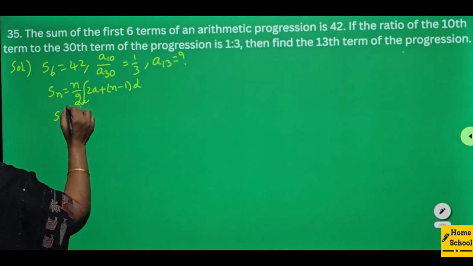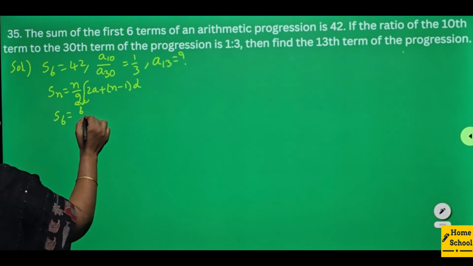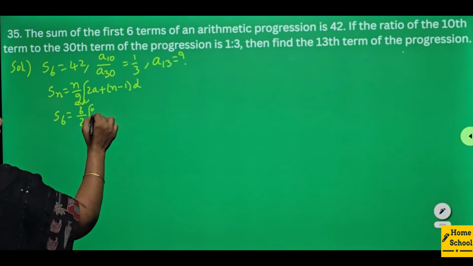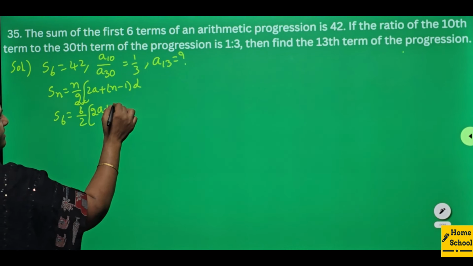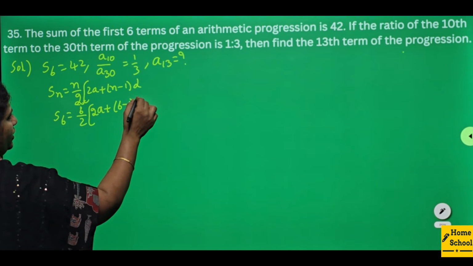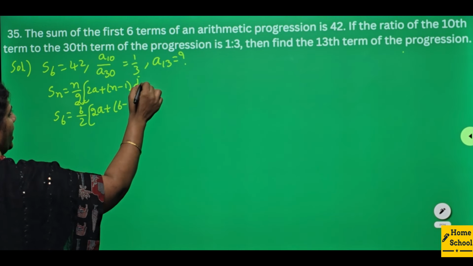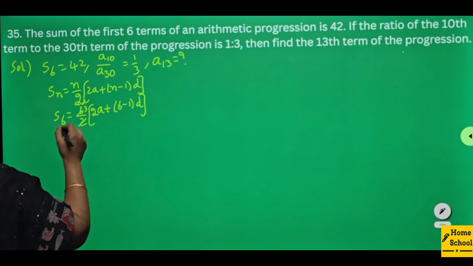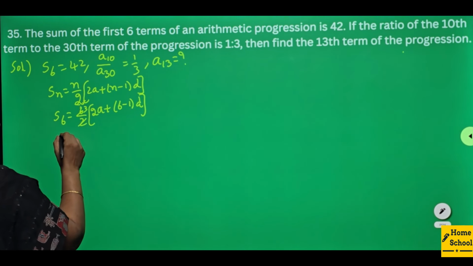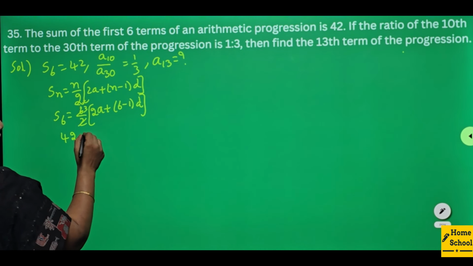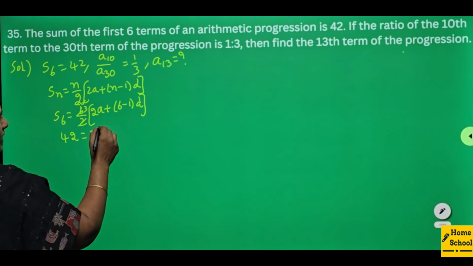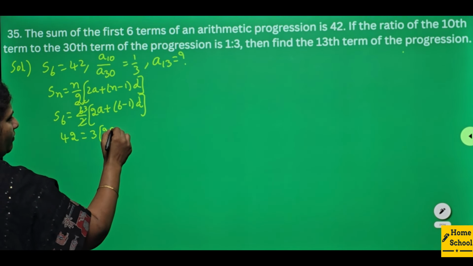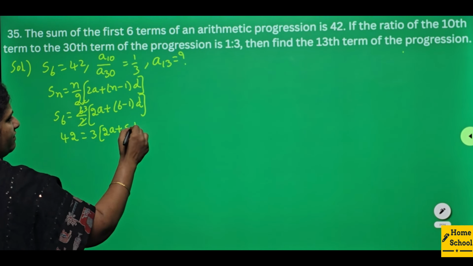S6, n value is 6. S6 is equal to 6 by 2 into 2a plus 6 minus 1 into d. I don't know a or d. 2 3s are 6 and S6 value I know, that is 42 is equal to 3 into 2a plus 6 minus 1 is 5d.